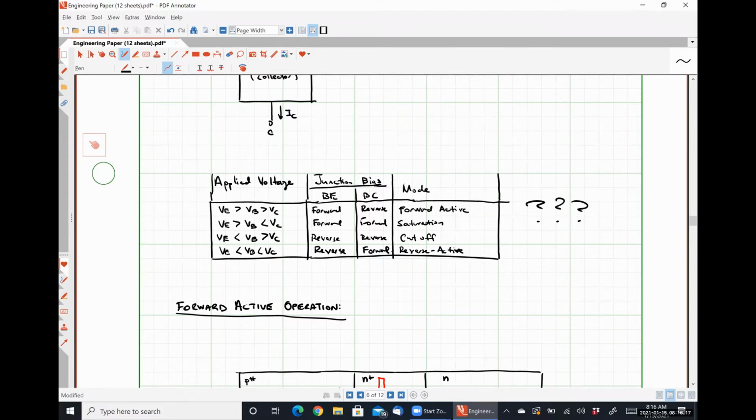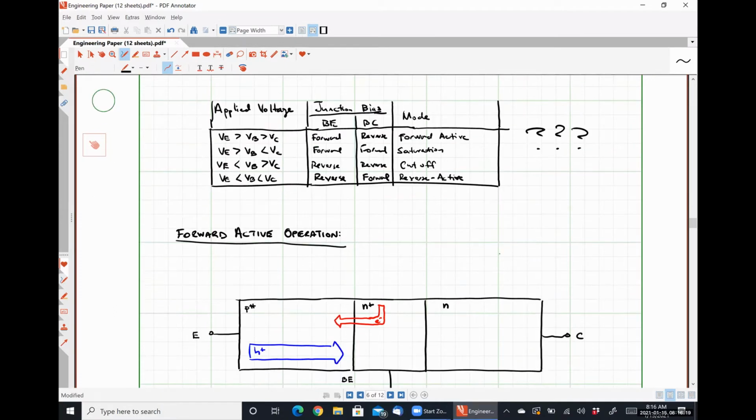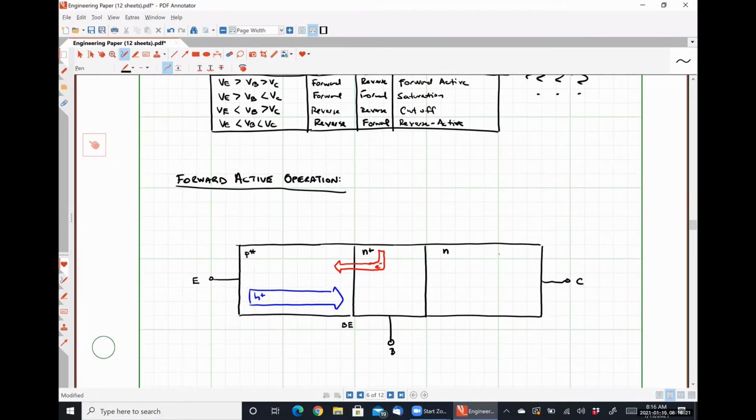All right. So we want the P side potential to be higher than that of the base. So we have a VEB here that is greater than 0.